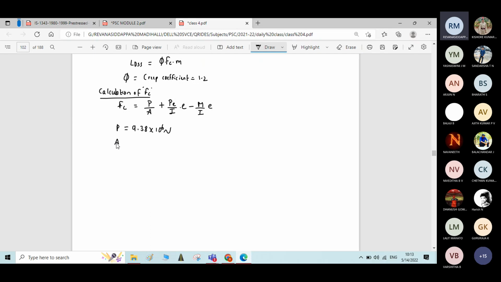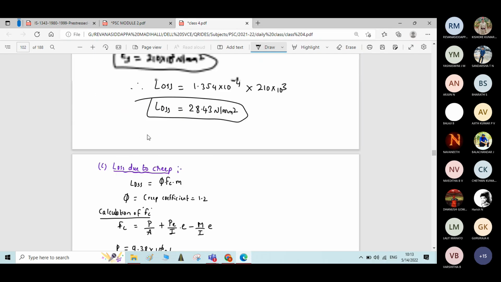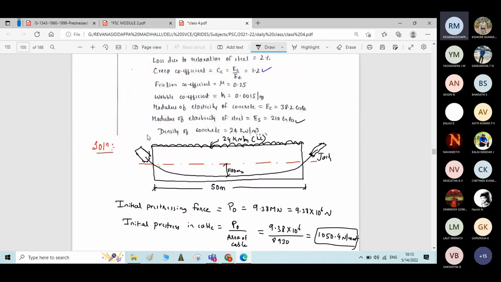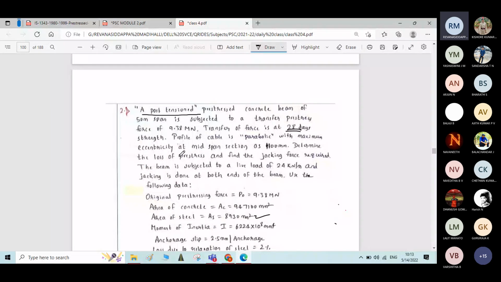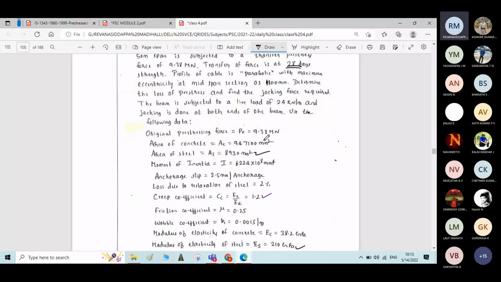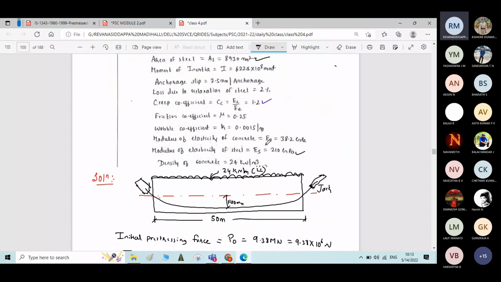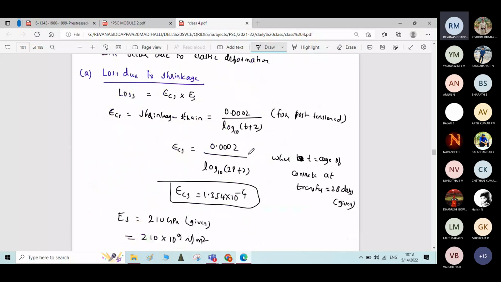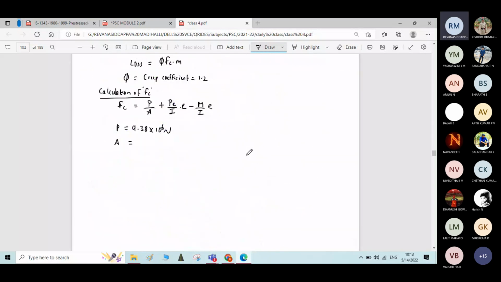And cross-sectional area of the member, is it given? Area of concrete, here it is given as 9,47,100 mm square.